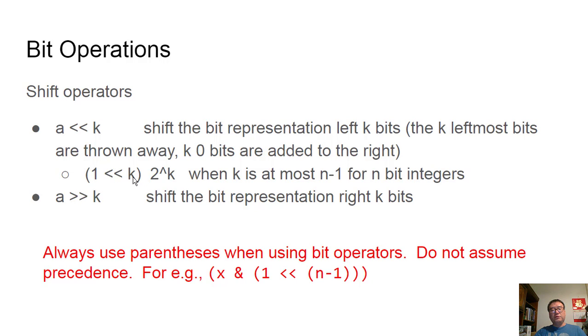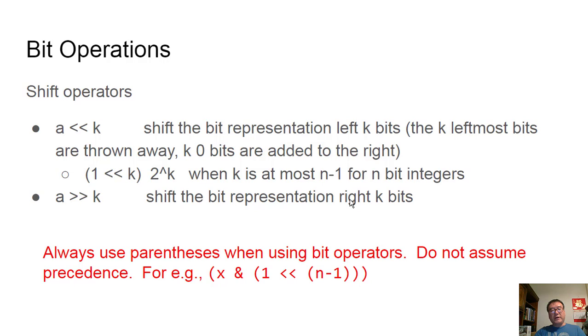So if you shift too much, you only get 0. For example, 1 left shift 2 will give us 2 to the 2, which is 4, because we have a 1 and shift left by 2 bits, so it becomes 1 0 0, which is 4.